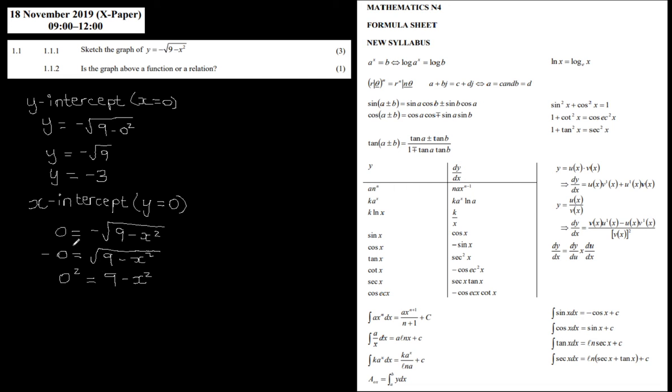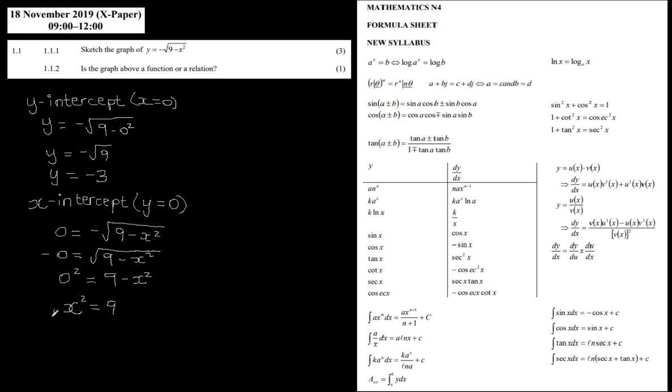So we had to square both sides of the equation to get rid of the root. The next thing I want to do is have my x on one side of the equation and my number, in this example 9, on the other side. Since my x is negative on this side, I'm just going to bring it over to this side. So I'm going to have x squared equals 9.